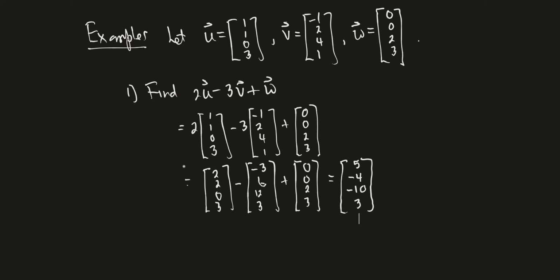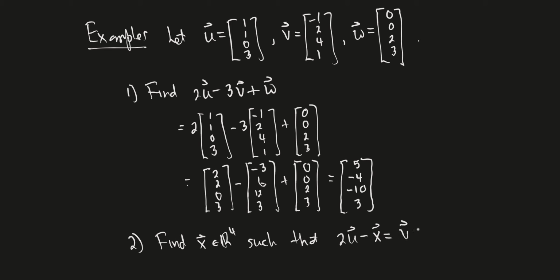And we could do a little bit of vector algebra. So find a vector x in R4 such that 2u minus x is equal to v plus 3x, right? And again, we've solved equations that are similar to this for matrices.